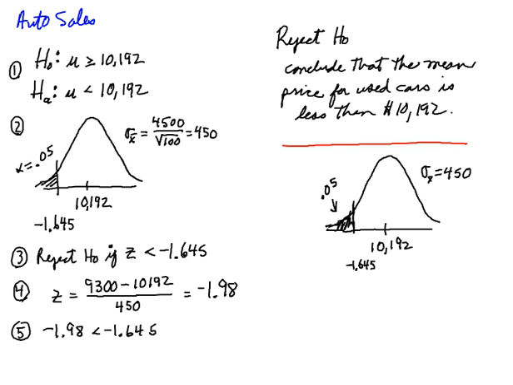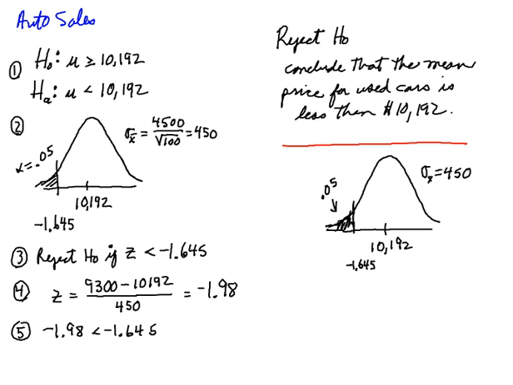Now let's go ahead and talk about the p-value. Type 1 error is rejecting the null hypothesis when the null hypothesis is, in reality, true. When we set alpha equal to 5%, we are saying that we want no more than a 5% probability of making a type 1 error.